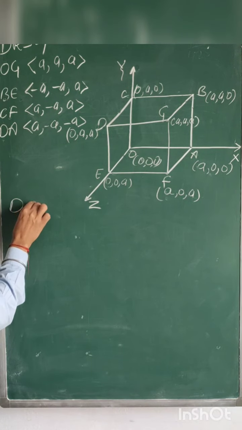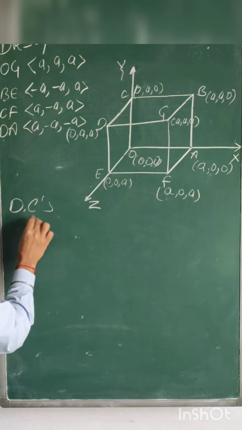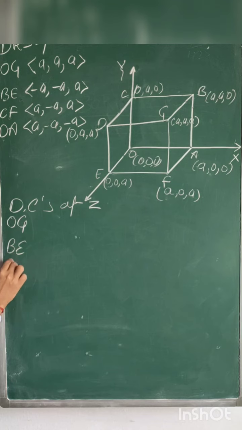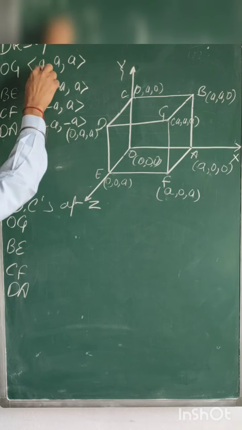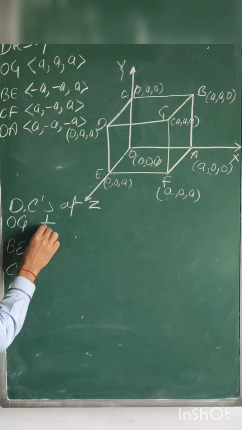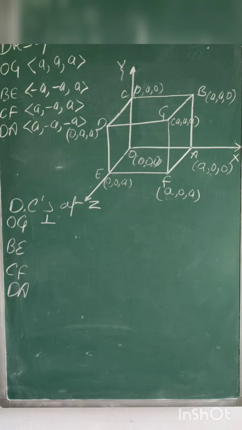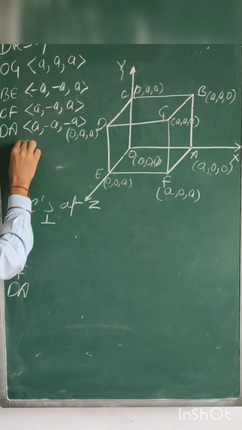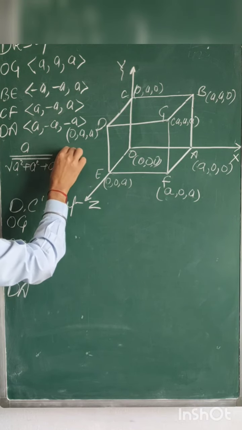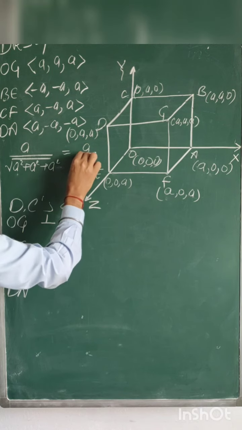So the DCs will be a upon under root a square plus a square plus a square, that is a upon root 3a.